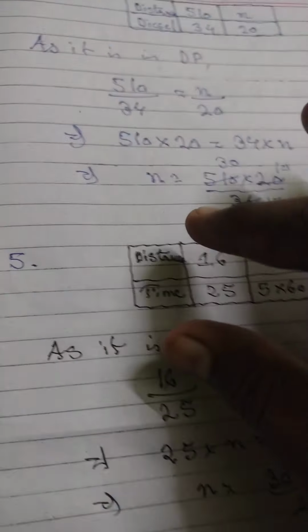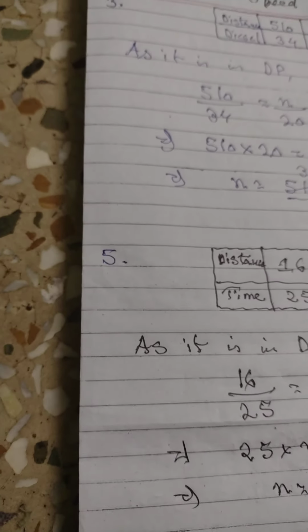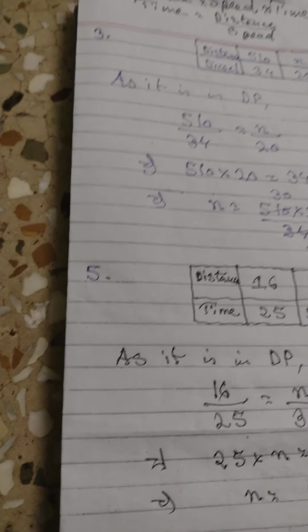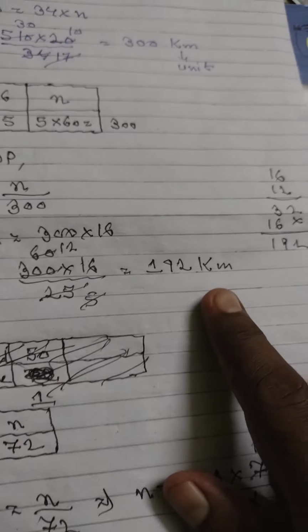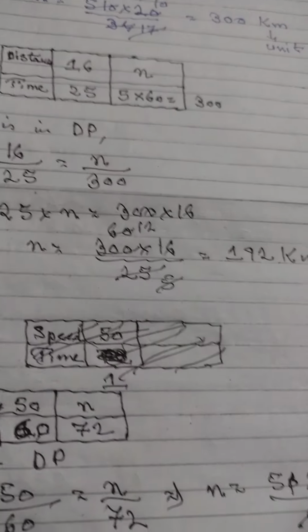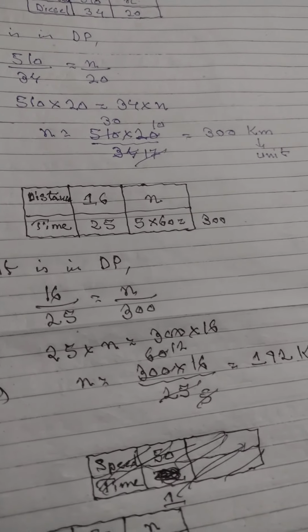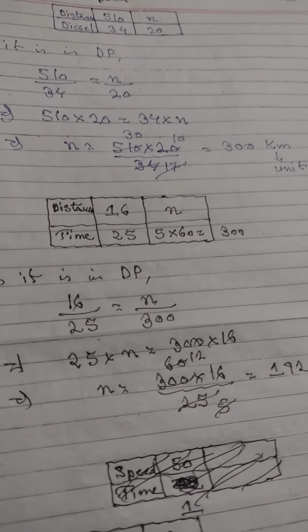I hope that you will solve the rest of the sums by yourself. Similarly you will follow this entire process. Okay, so first of all you make the box, thereafter you write the variables, and you should pay attention to the units, and after solving the sum you must write the units. See here I have written kilometer, again I have written kilometer, again I have written kilometer. So in this way you can solve the sums. Okay.